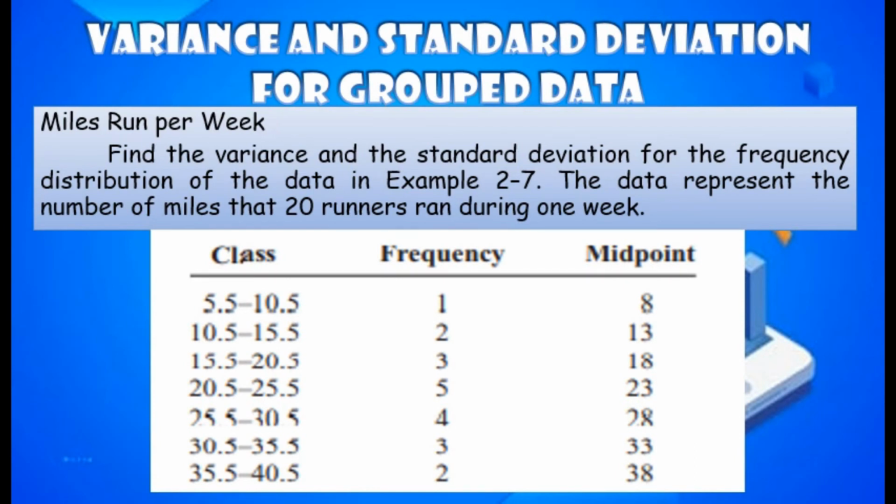The data in example 2-7 was given in chapter 2 that was discussed by the last reporters. The data represent the number of miles that 20 runners run during 1 week. So we have here a table which contains class, frequency, and midpoint.